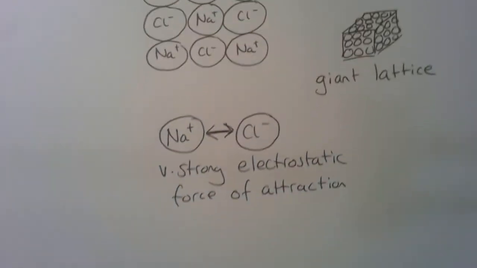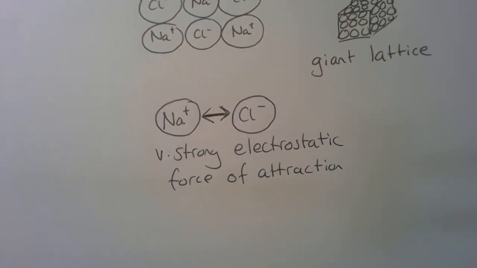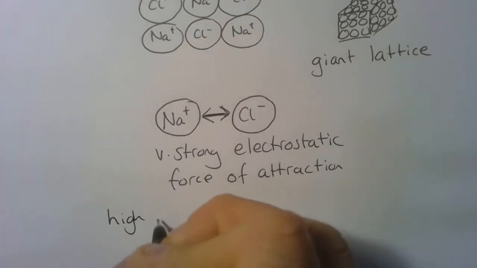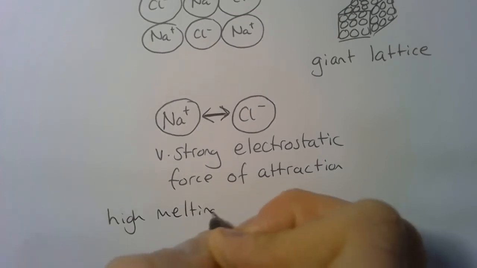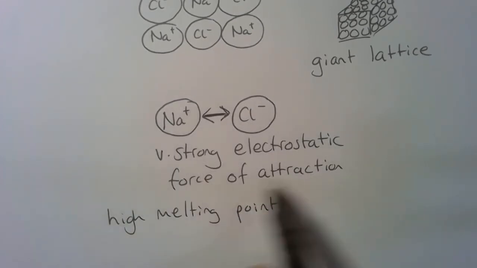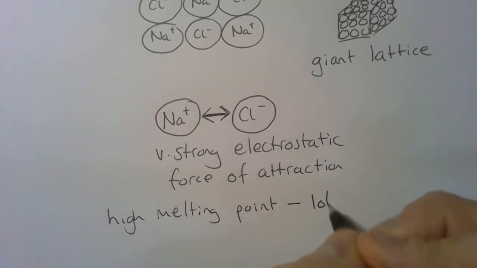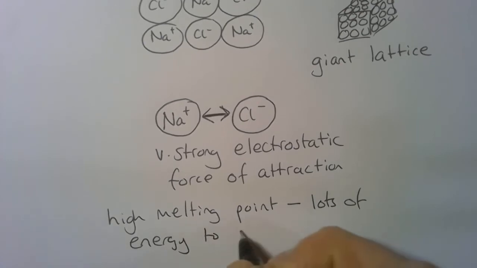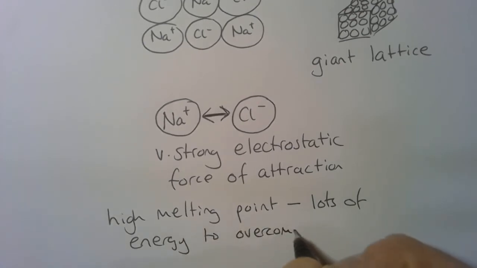And because of the strength of this electrostatic force, ionic lattices, ionic substances have very, very high melting points. So we have a high melting point, and that's because a lot of energy is needed to overcome this strong force of attraction. So lots of energy needed to overcome the force of attraction.